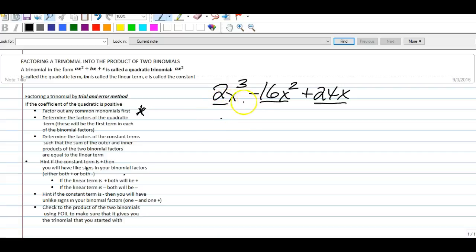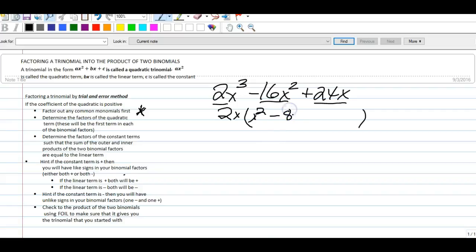So each one of these coefficients contains a factor of 2, so I can factor 2 out. But also, I can factor an x out of each one of these terms as well. So 2x times what gives me 2x cubed? x squared, because x squared times 2x would be 2x cubed. 2x times what gives me minus 16x squared?